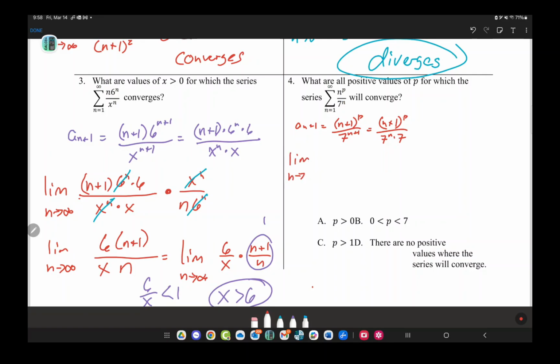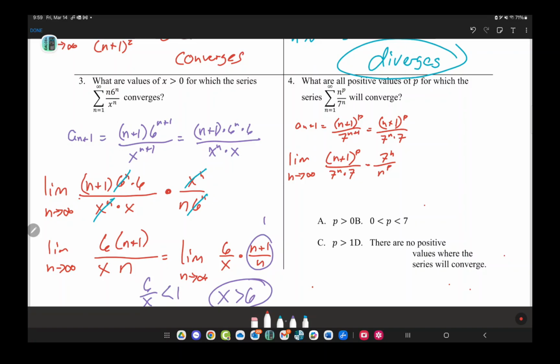As n goes to infinity of n plus 1 to the p value over 7 to the n times 7, times 7 to the n over n to the p value.